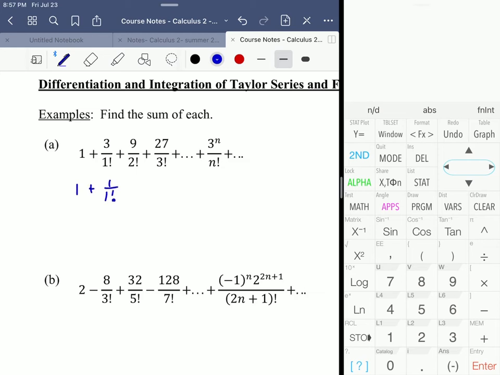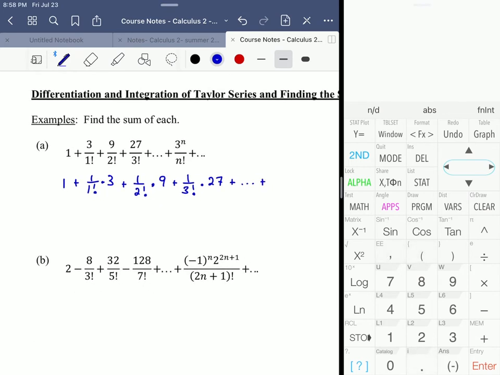If I were to say 1 plus 1 over 1 factorial times 3 plus 1 over 2 factorial times 9 plus 1 over 3 factorial times 27 all the way up to 1 over n factorial times 3 to the nth, that might give you a better idea of what's going on here, especially when you look at the ones that follow.